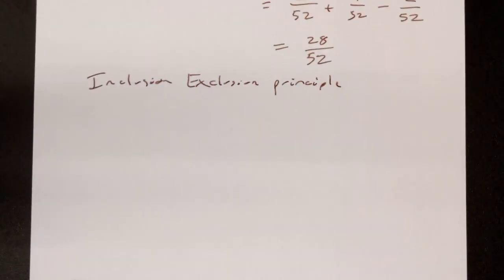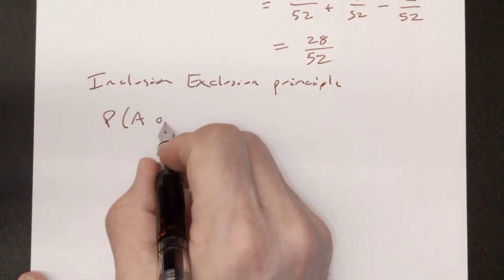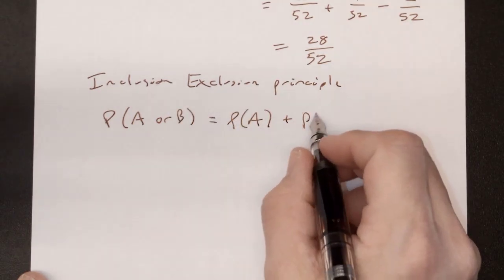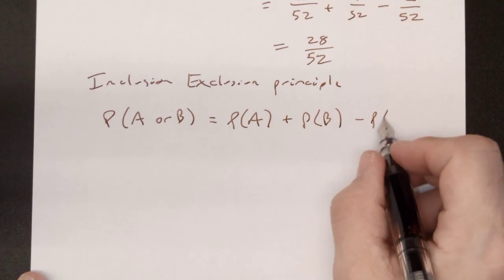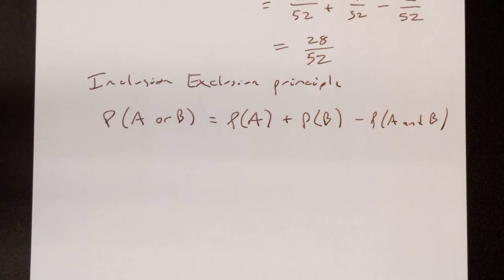And in general, I want to add, but I need to make sure that I subtract anything that was counted twice. Think of a subset, right?